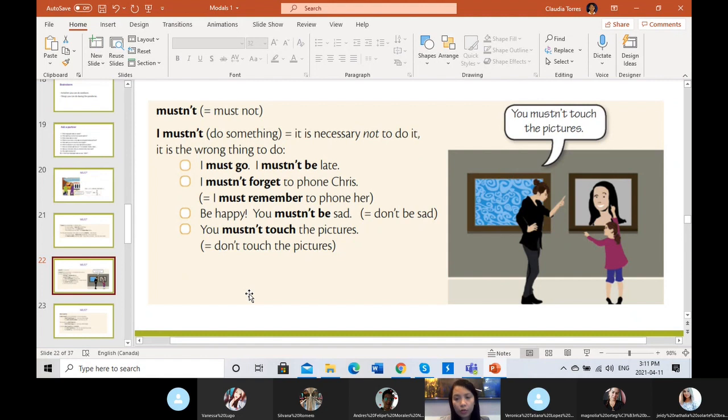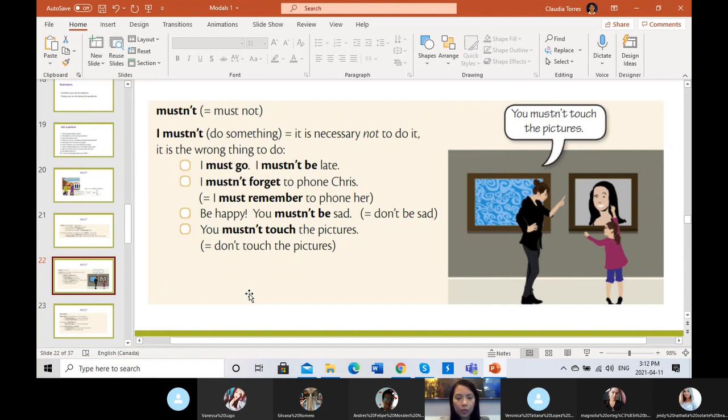Okay, this one is very important because usually we use must or mustn't to talk about rules. For example, under COVID, you mustn't throw parties in your house, right? You're not allowed to do so, right? Or for example, if you are in the supermarket, you mustn't smoke, right? You mustn't smoke because it's an indoor place.